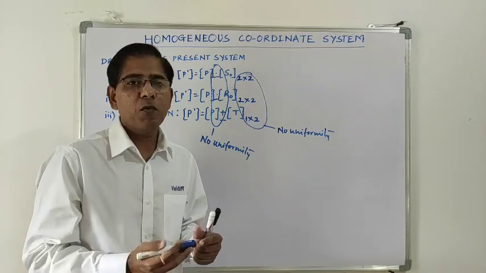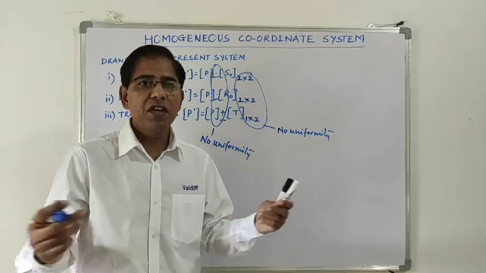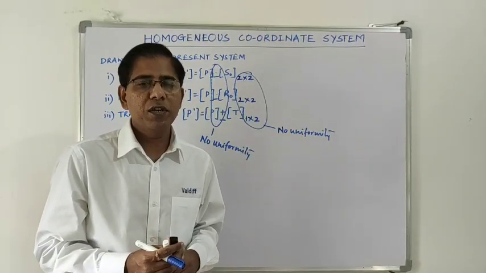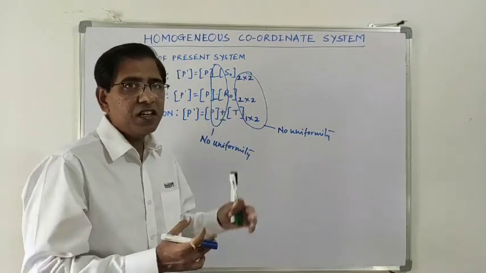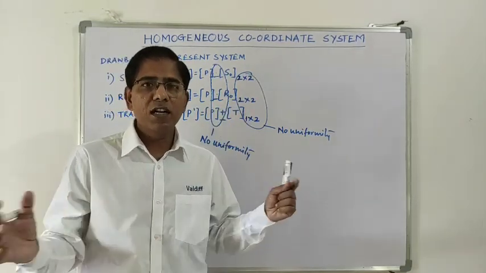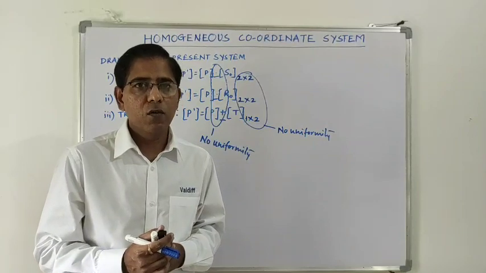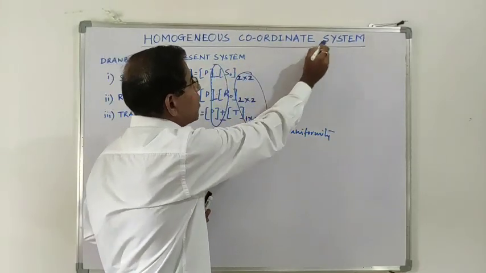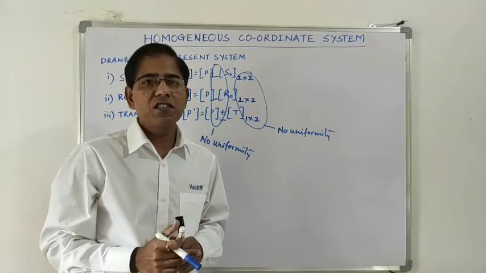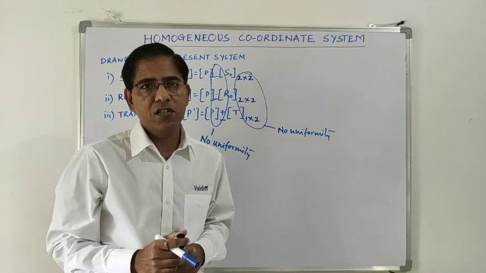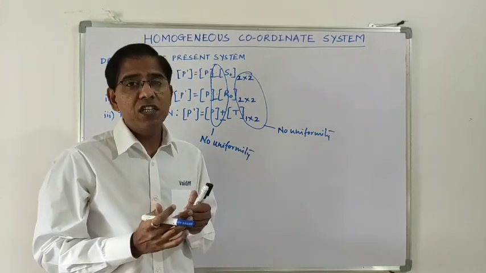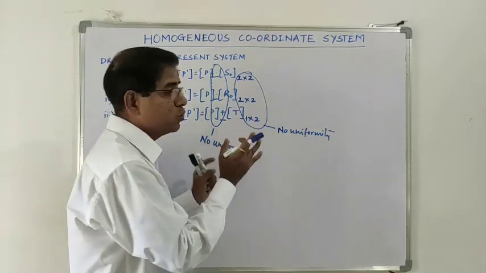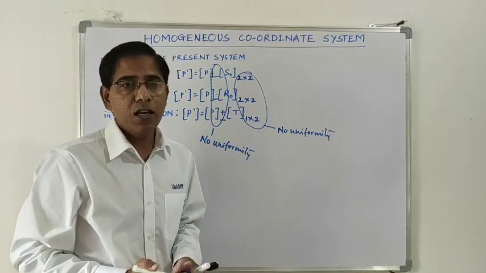So whenever there is a problem of combined transformation where we have to multiply all the transformations together to find out the total transformation, there is a need of such a system. And that new system is called the homogeneous coordinate system. So homogeneous coordinate system is the topic of today's discussion. We'll see how the homogeneous system removes the drawbacks of the present system.